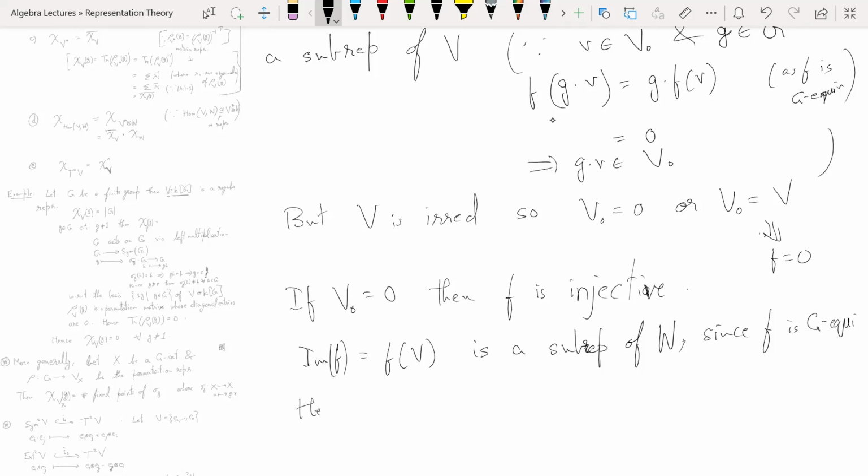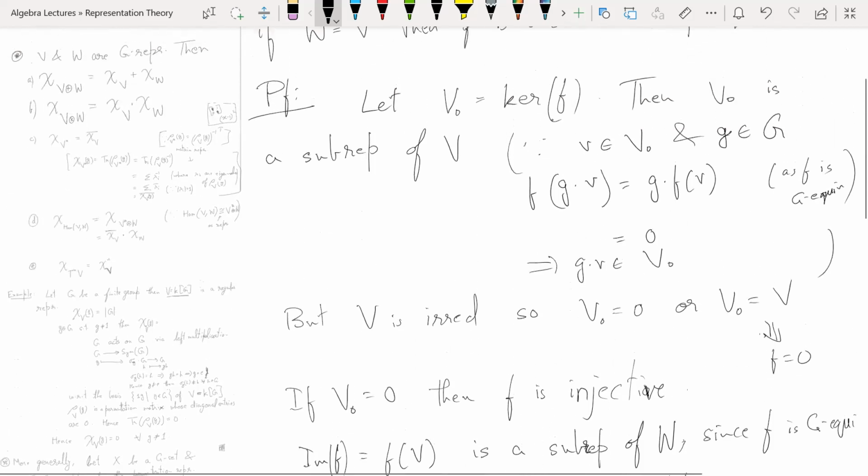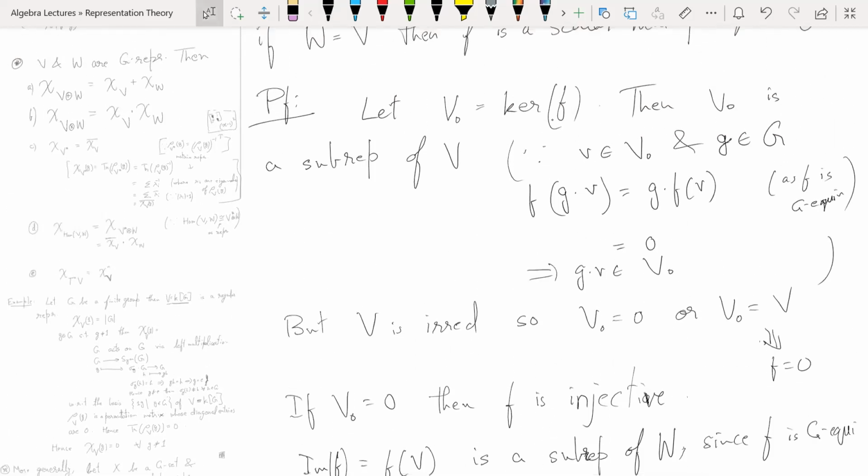Hence, by irreducibility of W, the image of f has to be the whole of W, because it can't be 0 unless V itself is 0. If V is 0, then the map is 0, so that is the other setup.